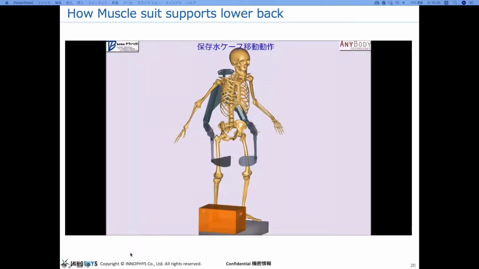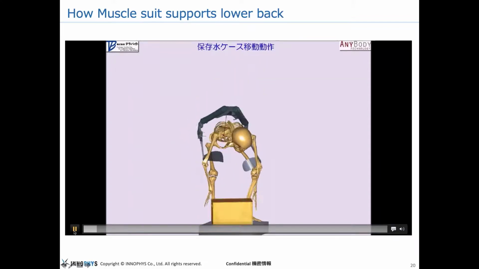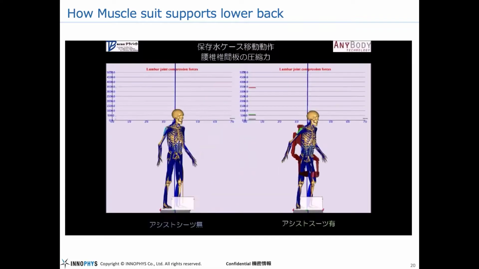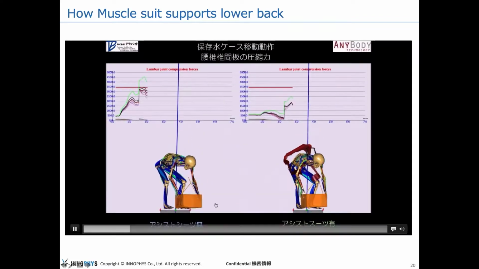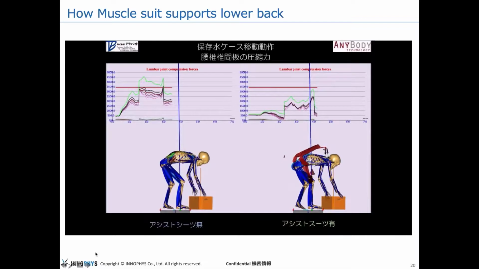And now I want to show you how Muscle Suit supports the lower back. Okay. So this is a comparison of compression forces on the back with and without the Muscle Suit.